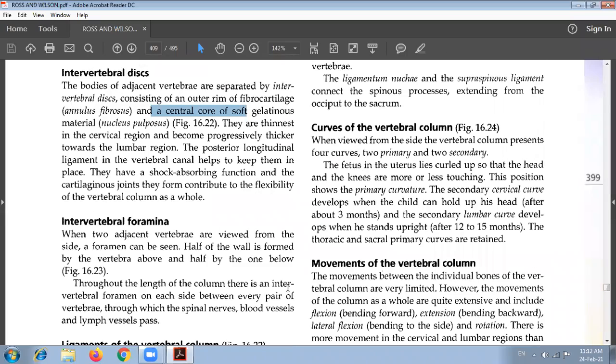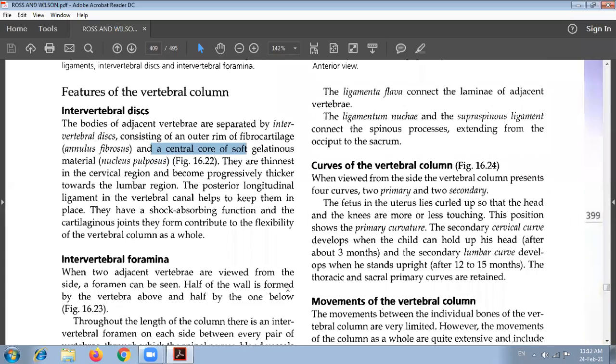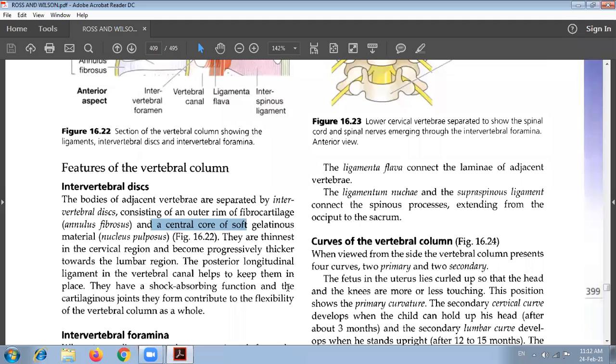So all these ligaments keep the vertebrae together. They allow some movement in the vertebral column, but hold them together so that they cannot be separated, having a shock absorbing capacity.